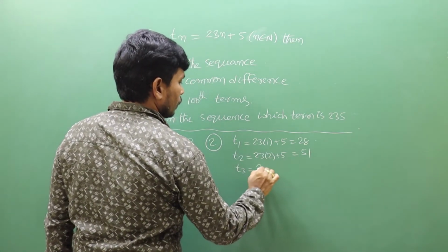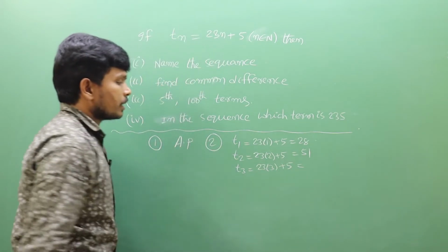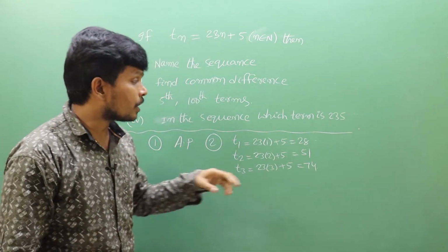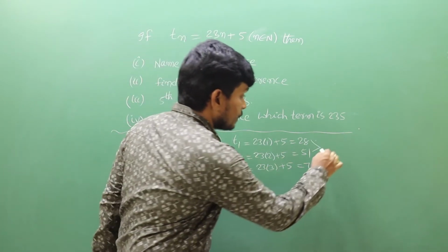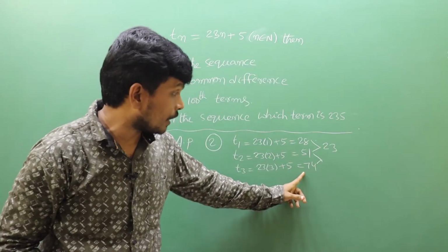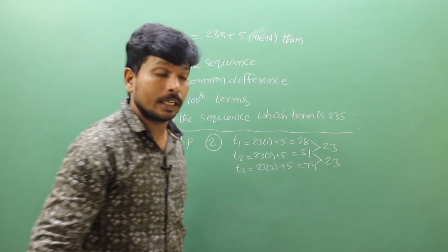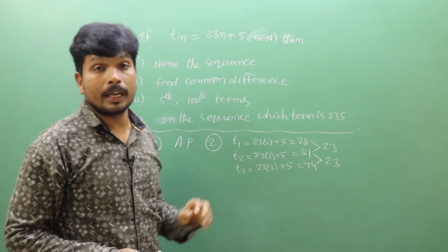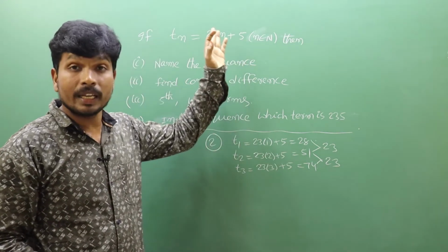T3: 23 into 3 plus 5, 69 plus 5, 74. Observe here, 51 minus 28 is 23, and 74 minus 51 is also 23. So the common difference is the same, so definitely it is an AP. Observe like this: suppose you don't know whether it is a linear expression or not.